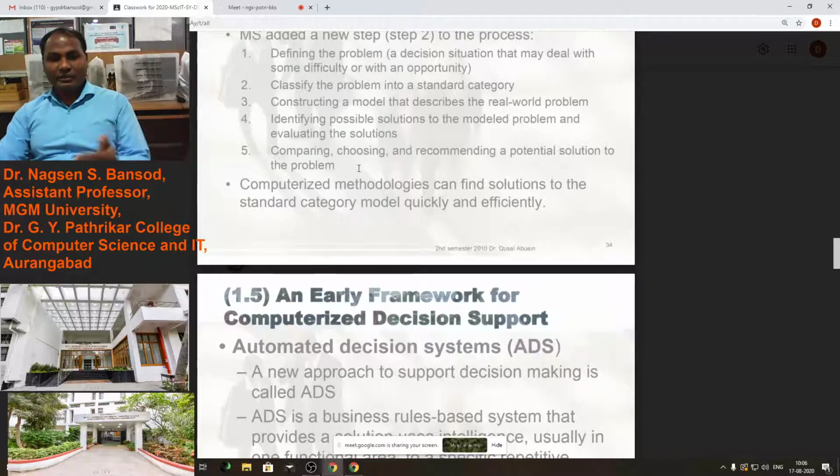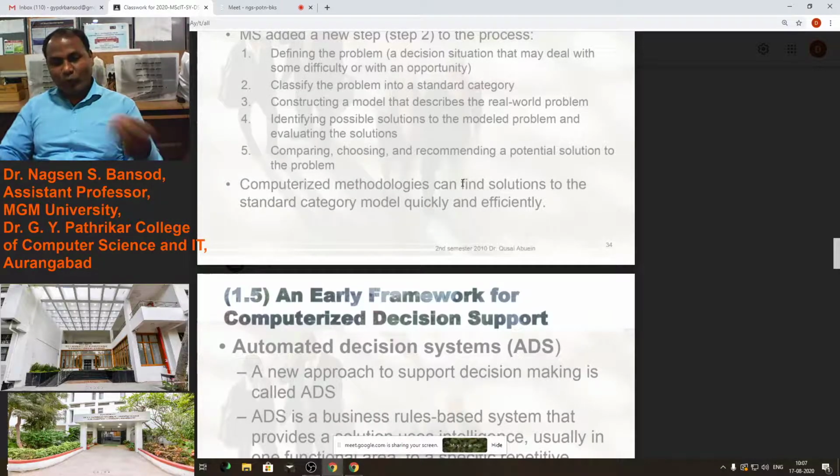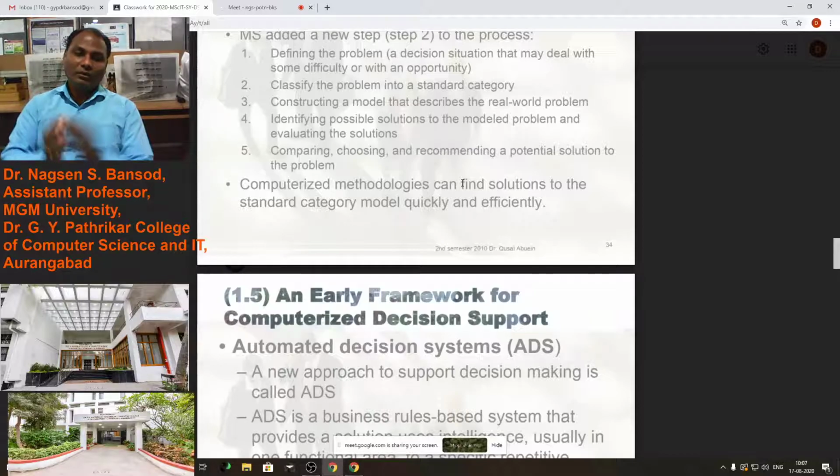Then compare, choose and recommend a potential solution to the problem. After you get various solutions, you ask your expert employees what we have to do to increase the production of a car. Your employees will give you different types of solutions and feedback.